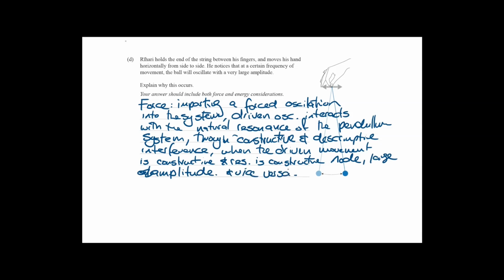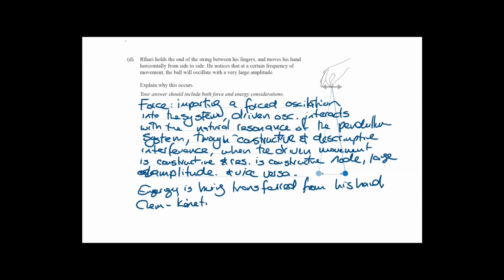So destructive and constructive can meet, and we can have a small one. The energy is being transferred from his hand. So it's from chemical potential energy to kinetic. I hope you could read that.